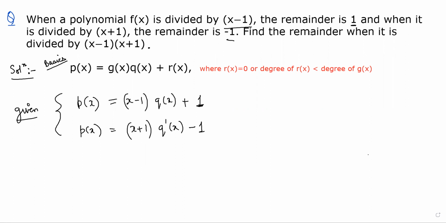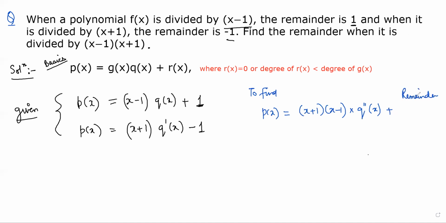To find the remainder when p(x) is divided by x plus 1 into x minus 1, there will be another quotient, plus some remainder.